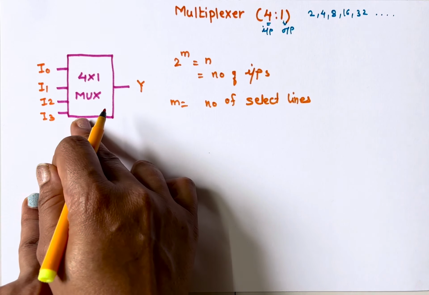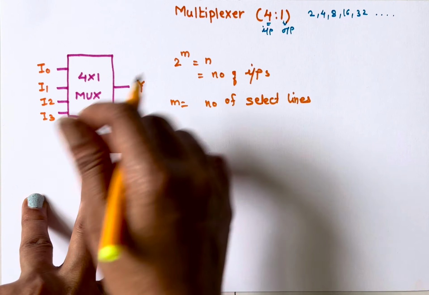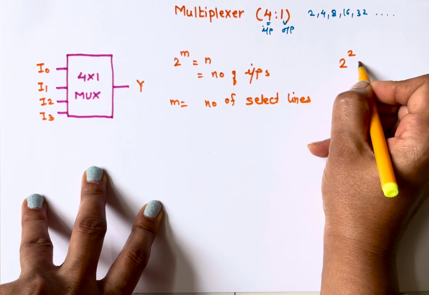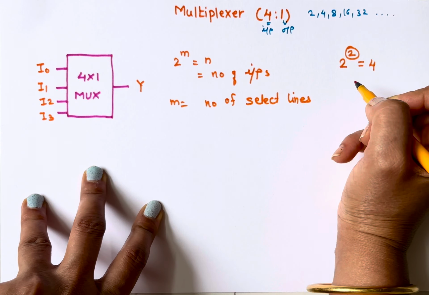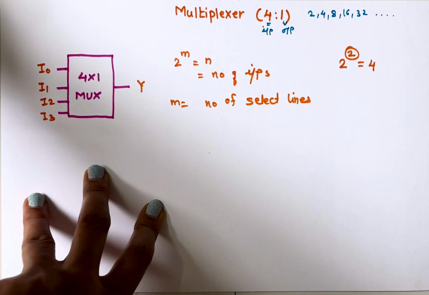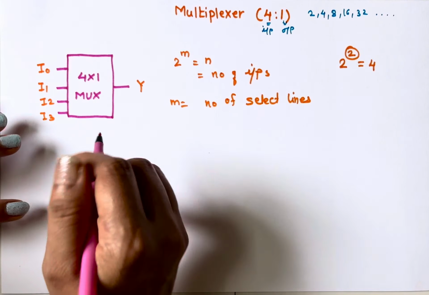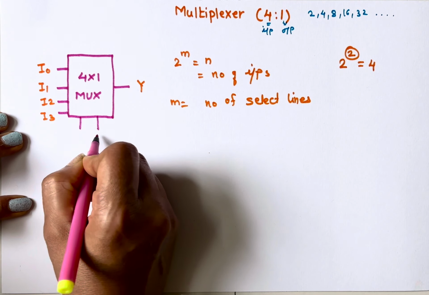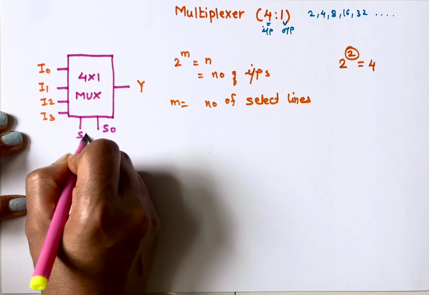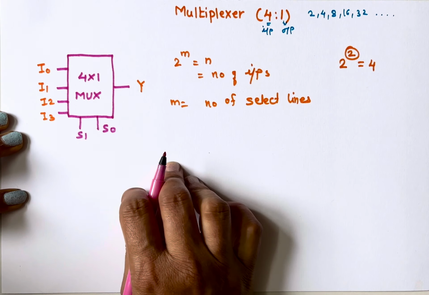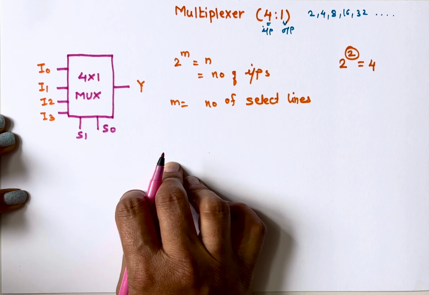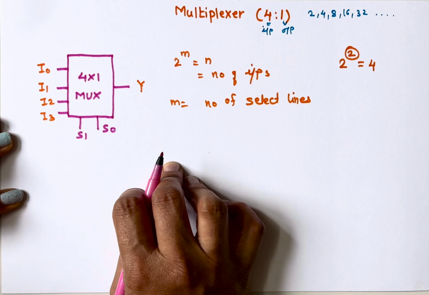Here my multiplexer is a 4 input multiplexer, so 2^2 equals 4. So my select inputs are 2, and I will take 2 select lines S0 and S1. So in a 4:1 multiplexer, there are 4 inputs, 1 output and 2 select inputs.